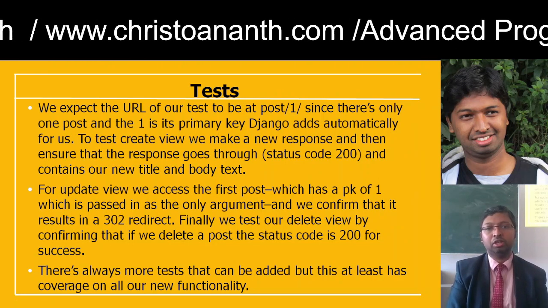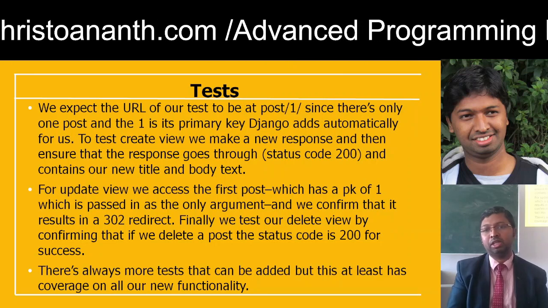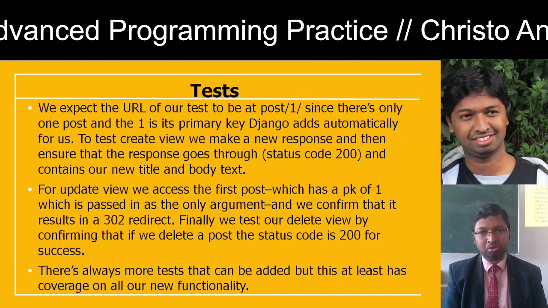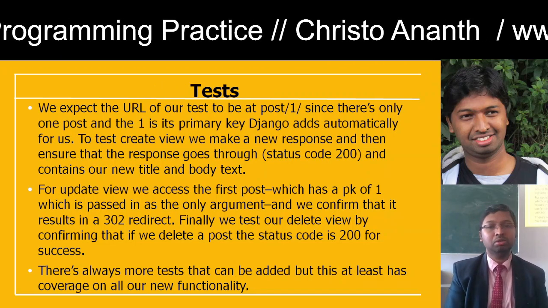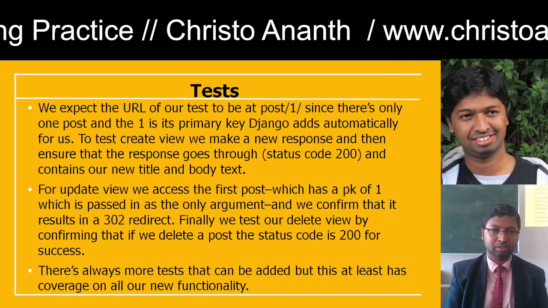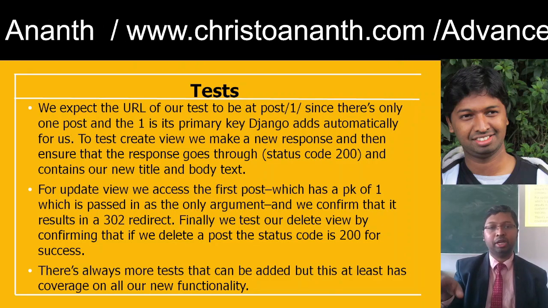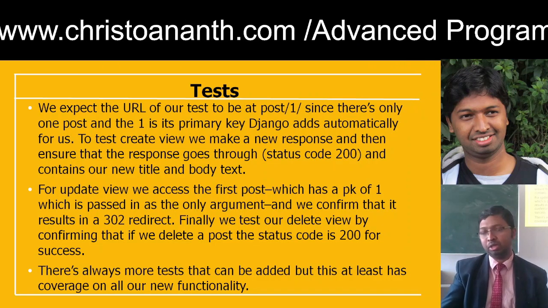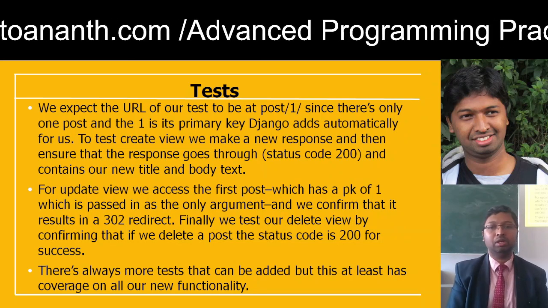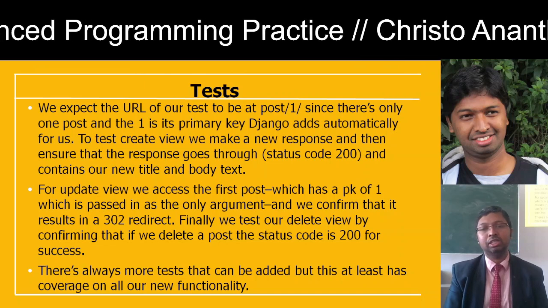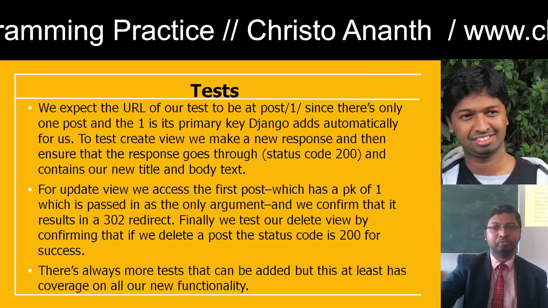So in order to test the create view, we have to make a new response and make sure that the response goes through with status code 200 and contains the new title as well as the new body text. And for updating the view, you have to access the first post with the primary key equal to 1, which is being passed, and we are going to confirm it, which is going to have the 302 redirect.